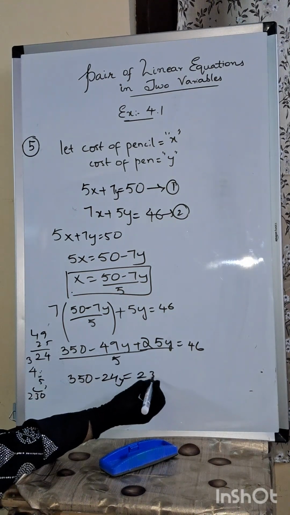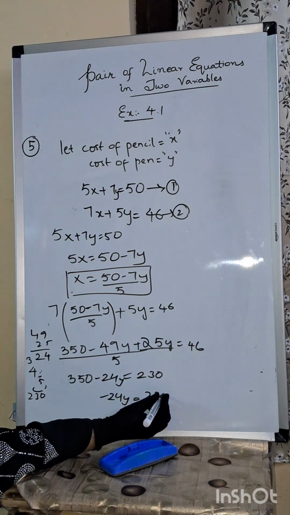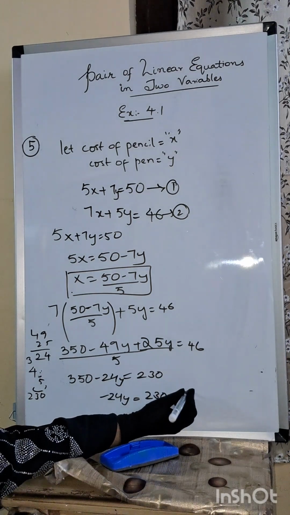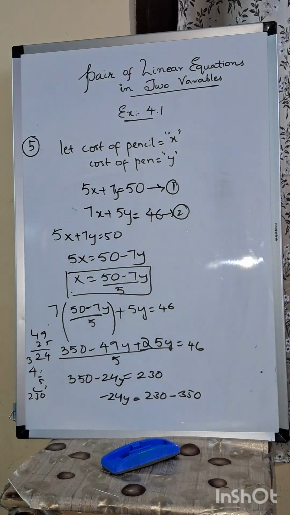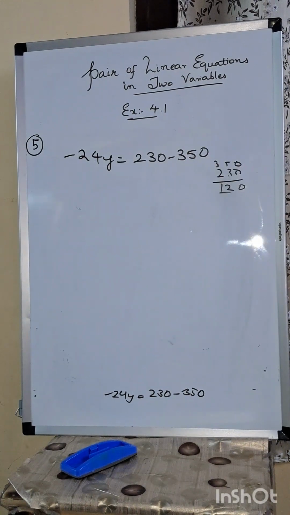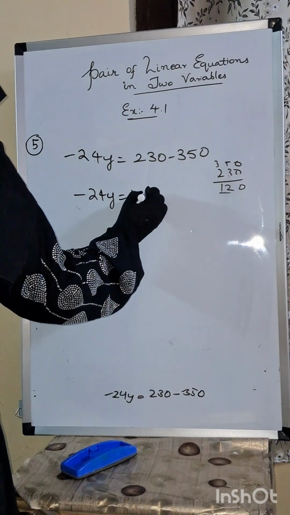It's nothing but 230. Now, minus 24y is equal to 230 minus 350. Right, so 230 minus 350 is nothing but minus 120. So minus 24y is equal to minus 120.